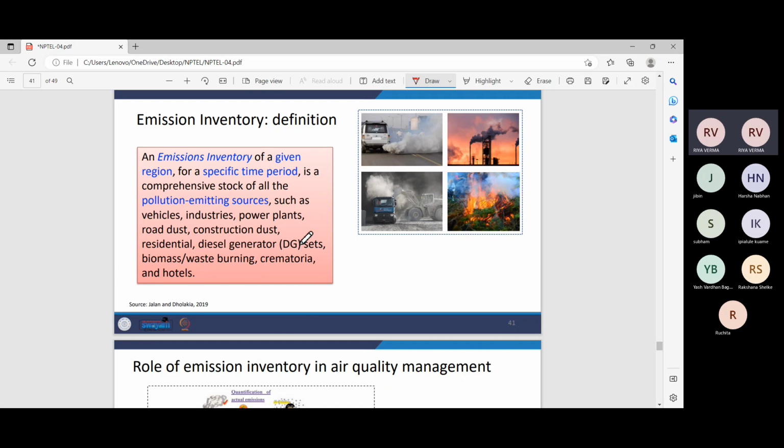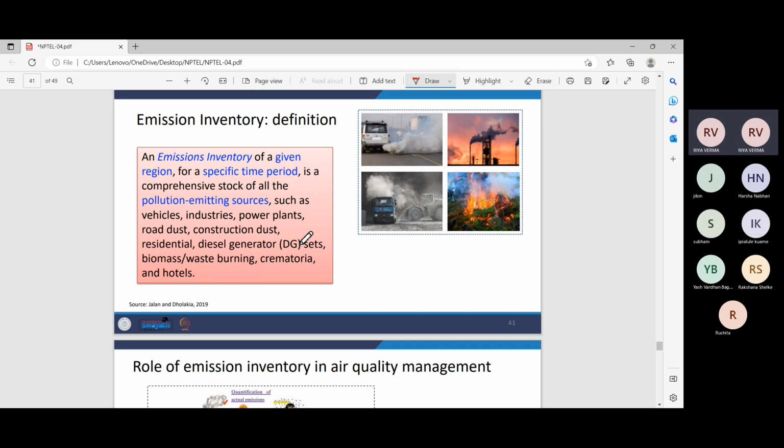For example, if we try to build up an emission inventory for the city of Delhi, we'll be including all the sources present in that region. For example, the emissions from all the vehicles, the industries, the waste management facilities, also construction activities. If it is there, then we'll take that sort of emissions.